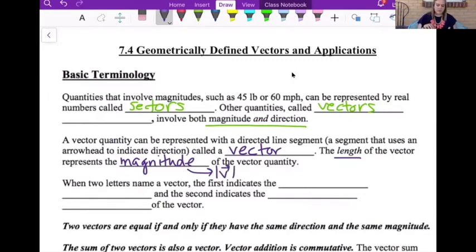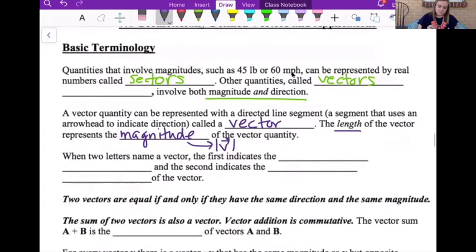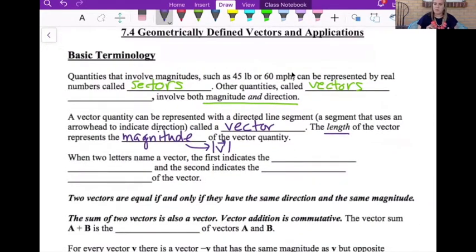There are different ways that we can name a vector. It can be named with the initial point and the terminating point.